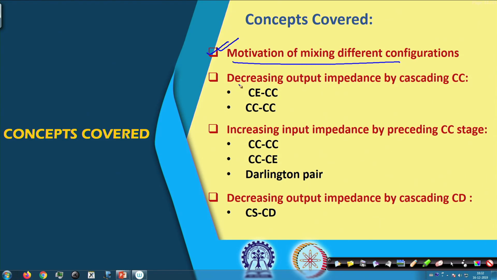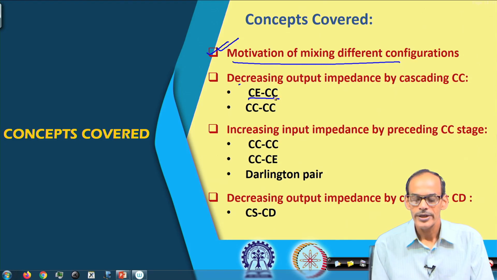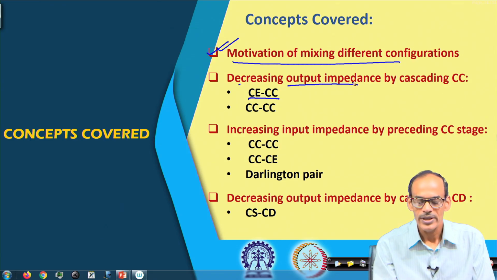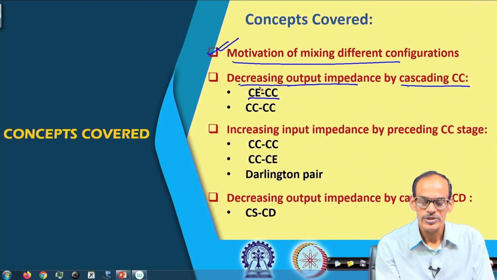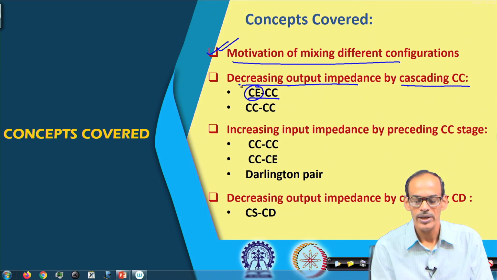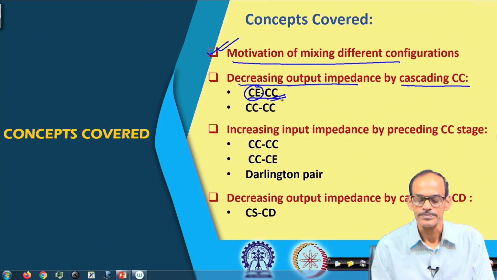If you see common emitter followed by common collector, its purpose is to decrease the output impedance. Conceptually, we can decrease the output impedance of an existing amplifier by simply cascading one common collector stage, so the common emitter is the main amplifier followed by the common collector.